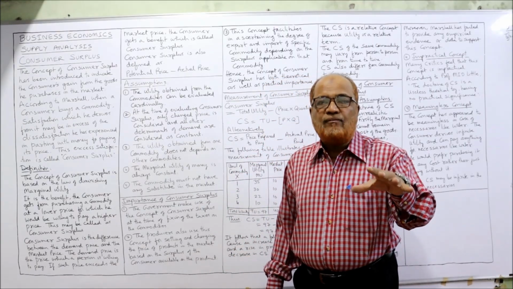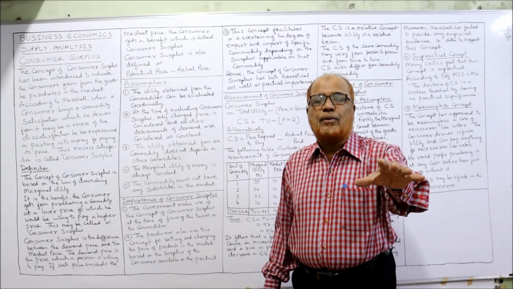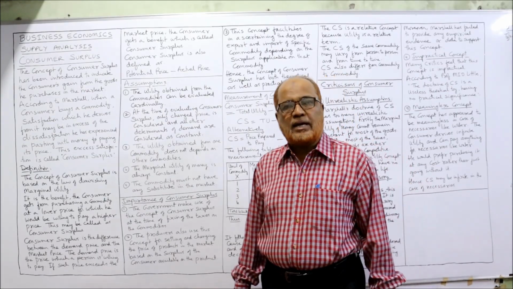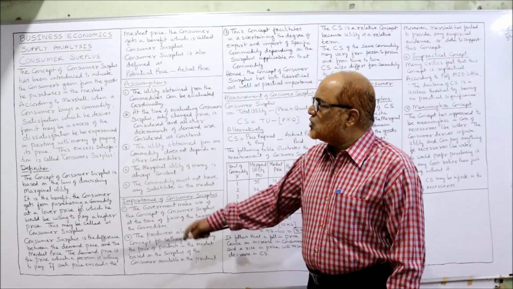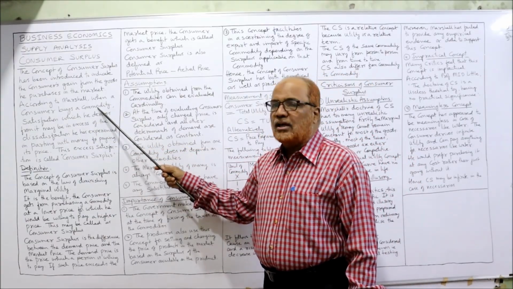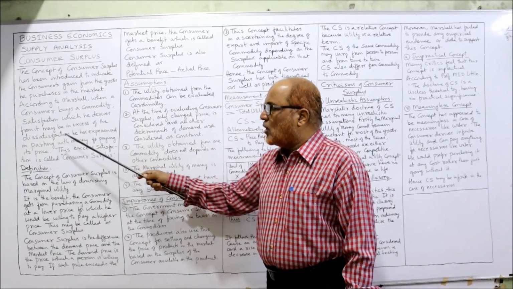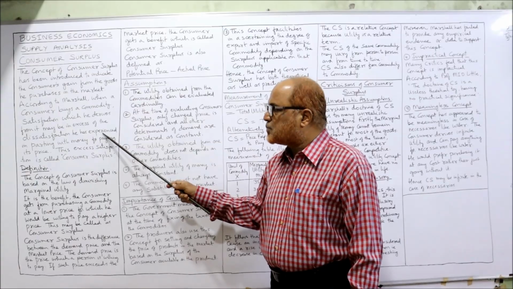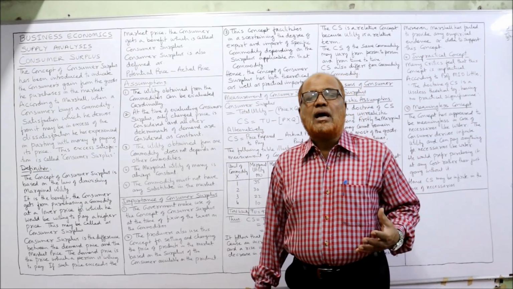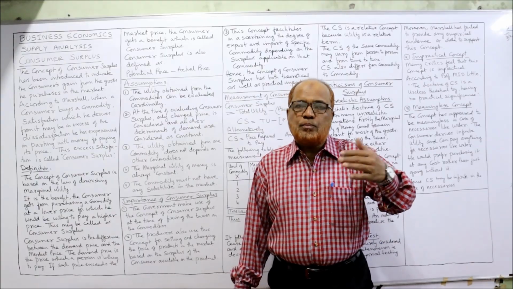How much excess benefit will a person get by purchasing a product from the market? That is called consumer surplus. According to Marshall, when a consumer buys a commodity, the satisfaction he derives from it may be in excess of the dissatisfaction he has experienced in parting with money for paying its price. Many a time a person purchases some commodities and has to pay the price.